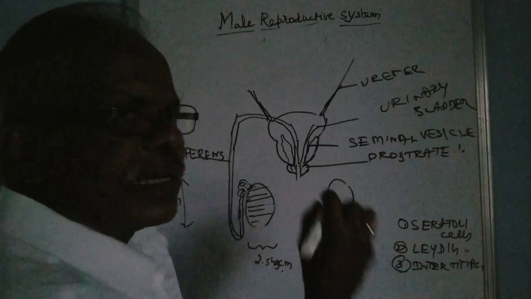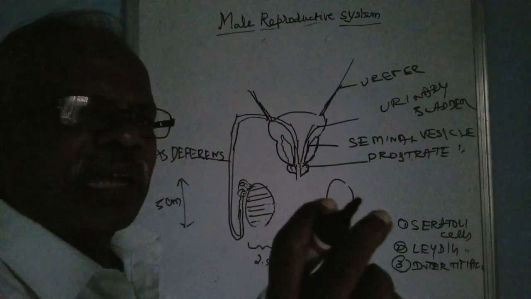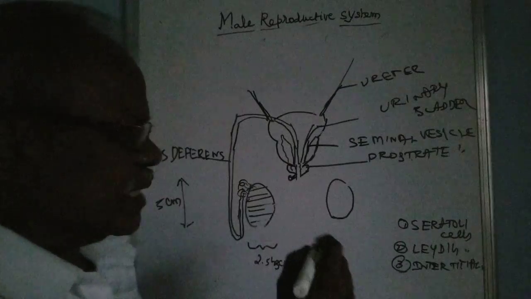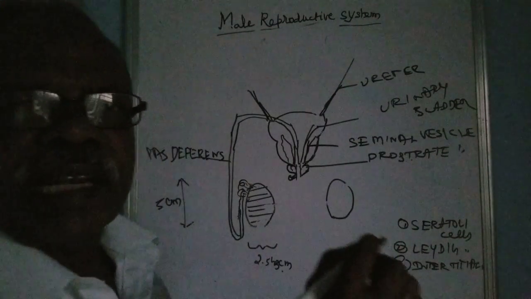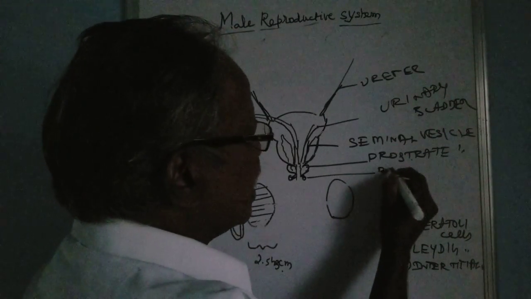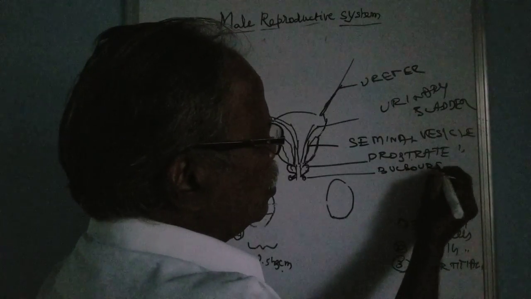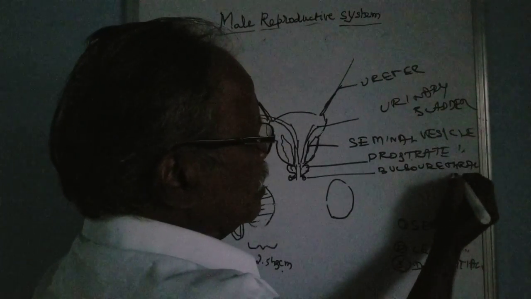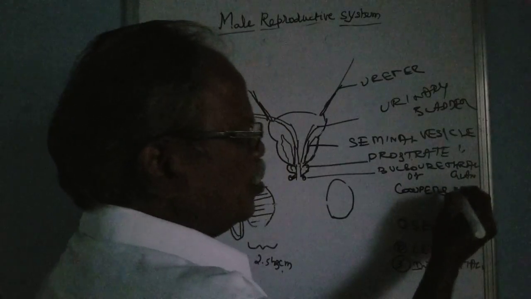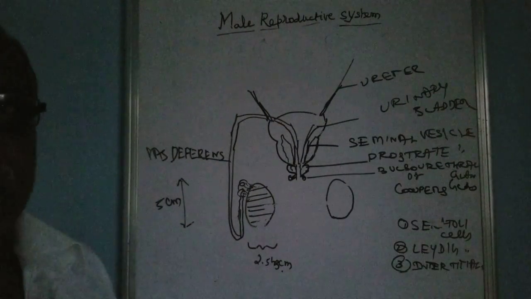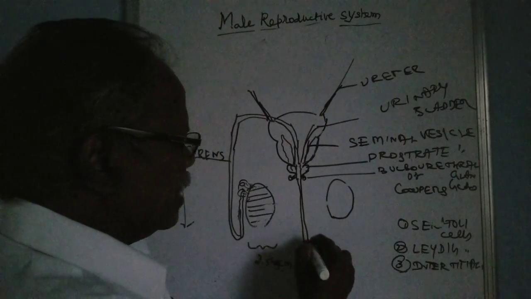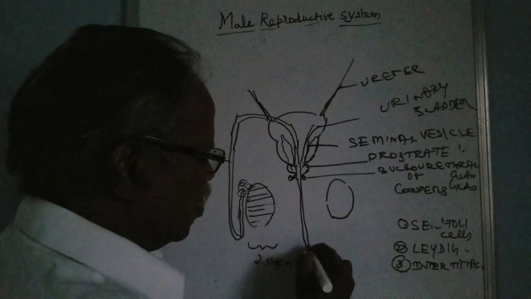Then a pair of ball-like structures, called Cowper's gland or bulbourethral gland, are found. So totally 3 glands are there.